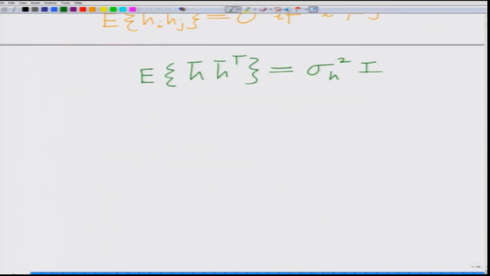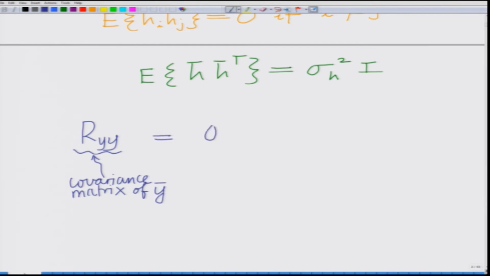We have derived the covariance matrix of the observation vector y, that is R y y. This is the covariance of the observation, and this we have said is sigma h square X X transpose plus sigma square times identity.